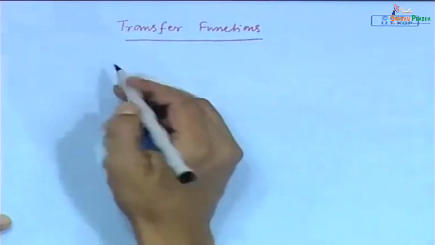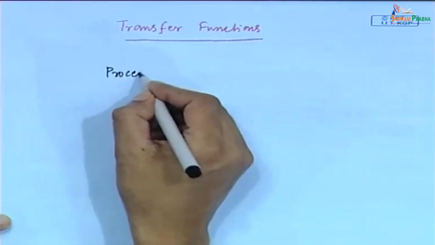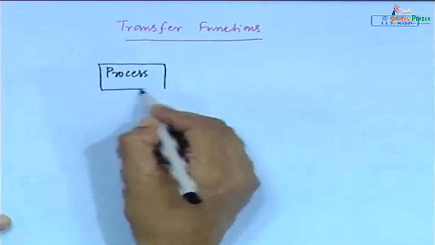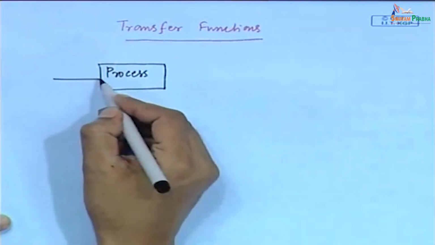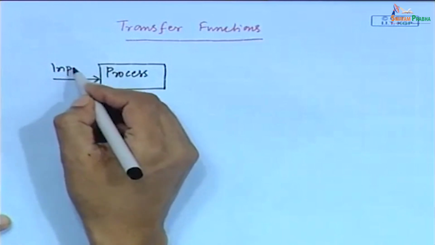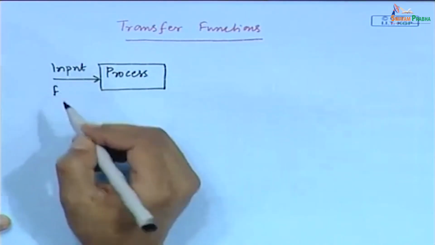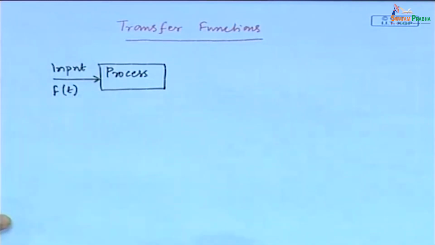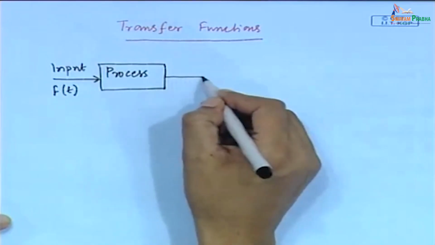So, first we will consider one process having inputs and outputs in time domain. Suppose this is the block of a process. Then this is the input to the process, which we will represent by f, and time t we will use as independent variable.